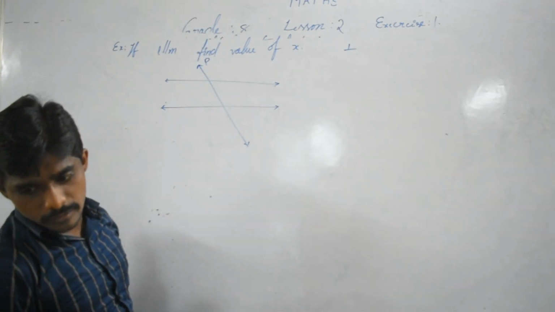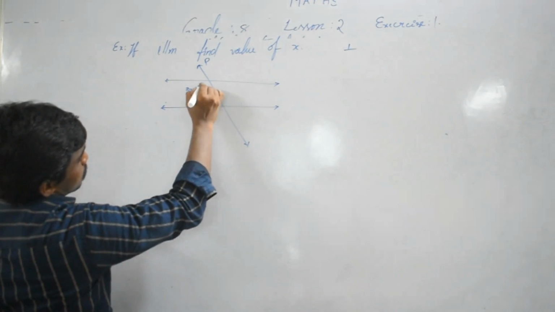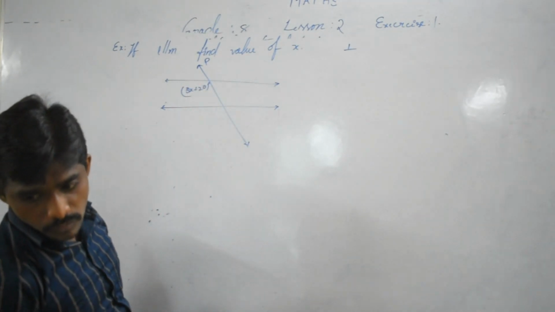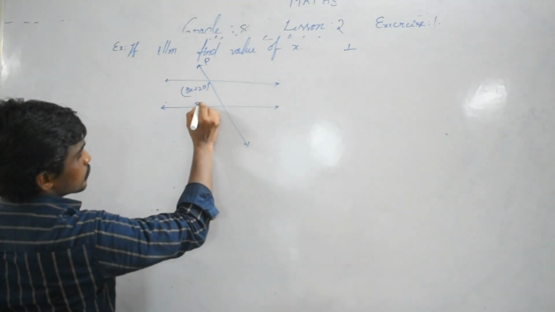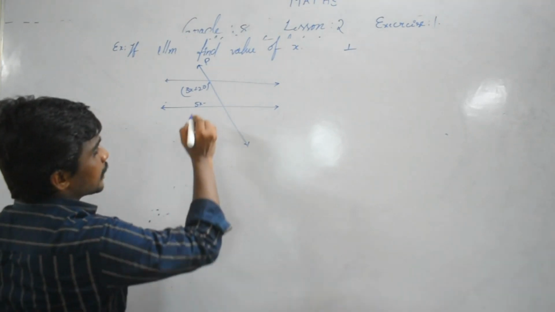Here the given angles are 3x plus 20 and 5x minus 8.